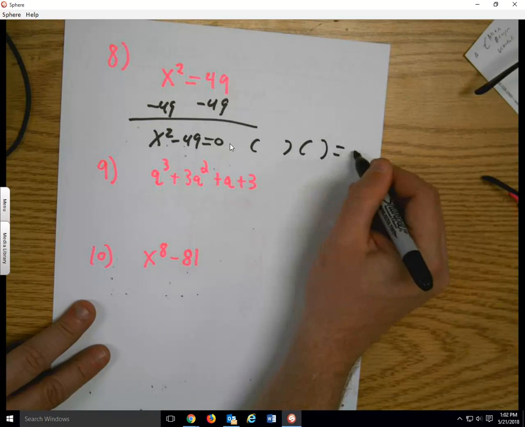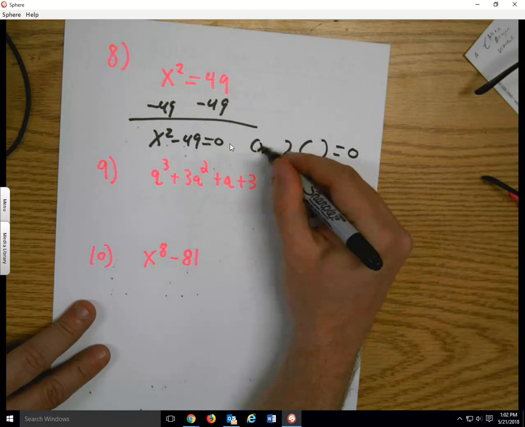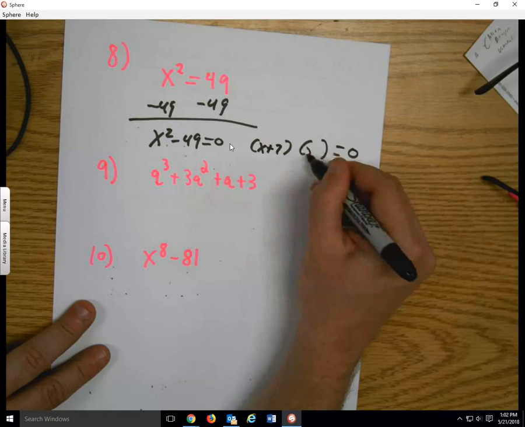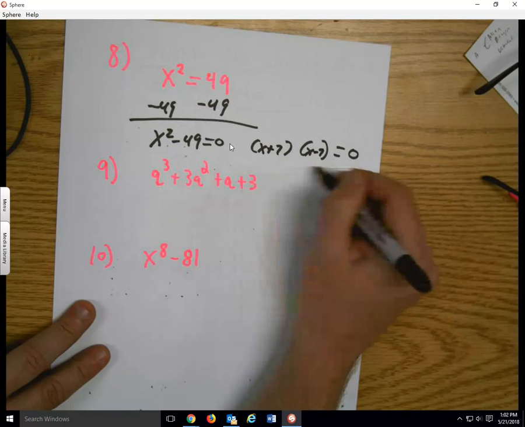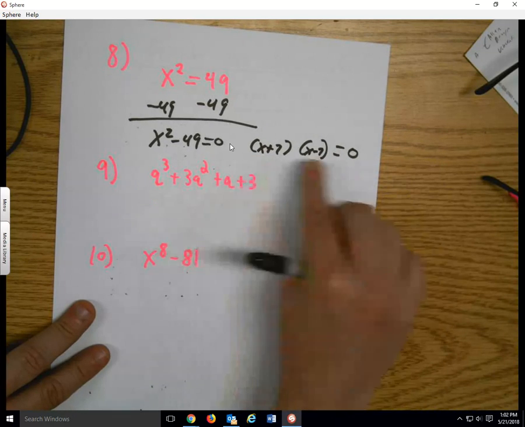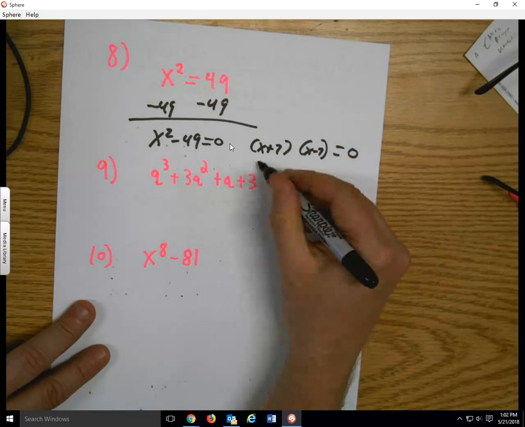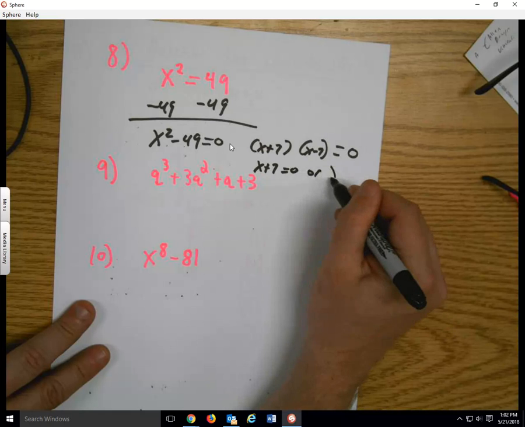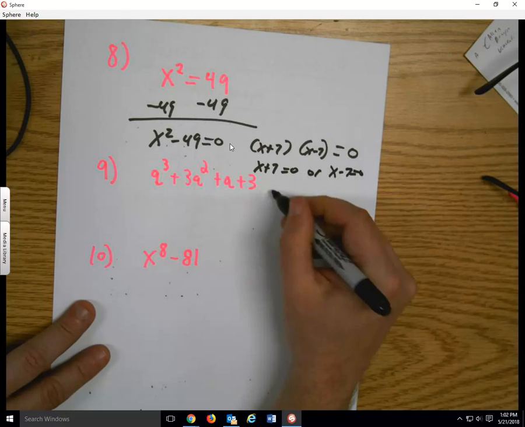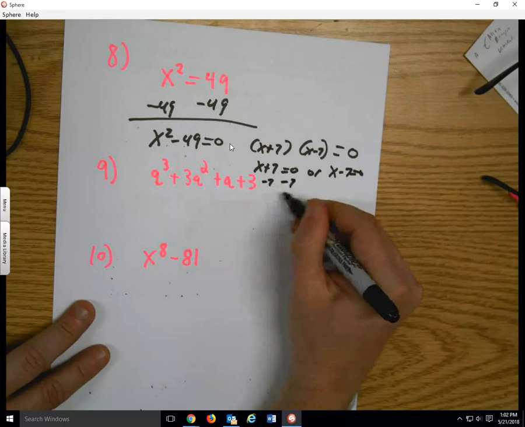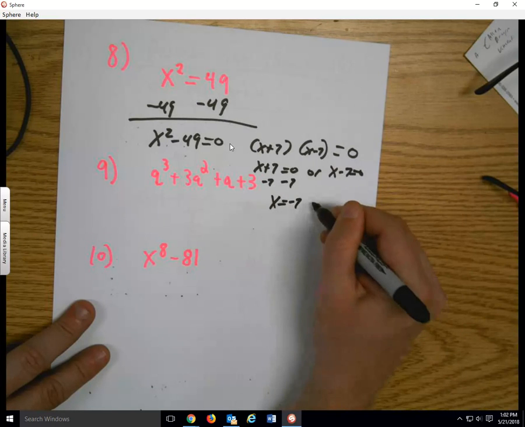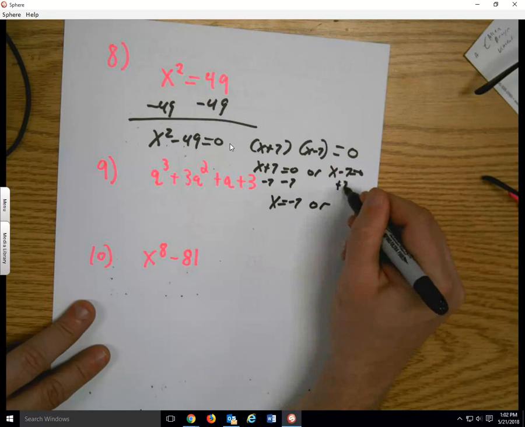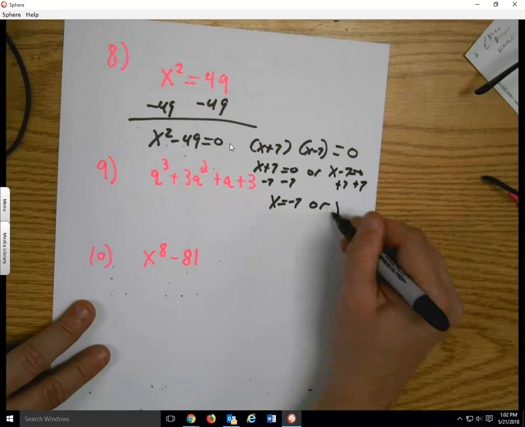So two sets of parentheses: x plus 7, x minus 7 equals 0. Since it equals 0, either this is 0 or this is 0. So x plus 7 equals 0, or x minus 7 equals 0. Subtract 7 from both sides, and x equals negative 7, or add 7 to both sides, x equals 7.